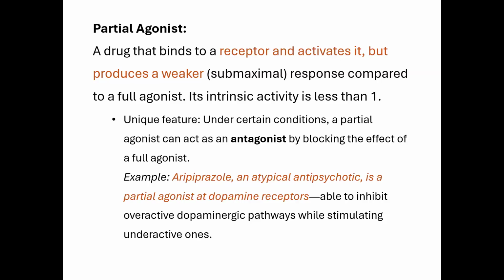Examples of partial agonists include drugs like aripiprazole, which is an atypical antipsychotic, and it works as a partial agonist on dopamine receptors. Why do we say it works as a partial agonist? Because dopamine is a full agonist. In your body, in your CNS, you already have dopamine circulating as a full agonist. But we want to reduce its activity, the dopaminergic activity.